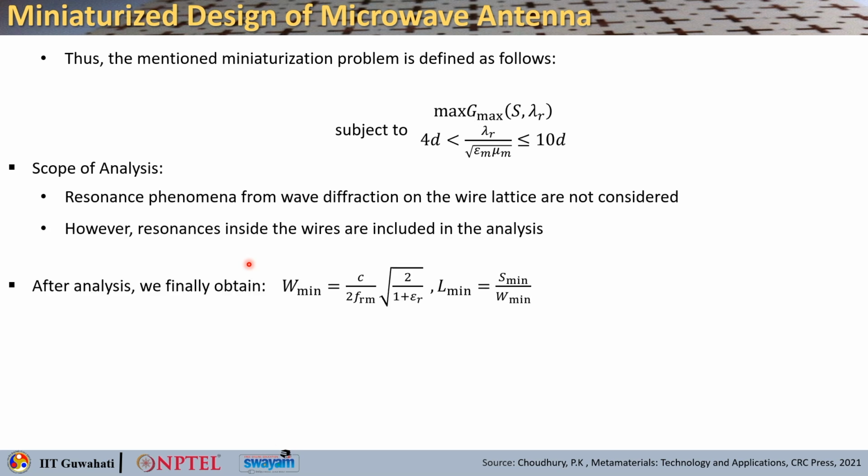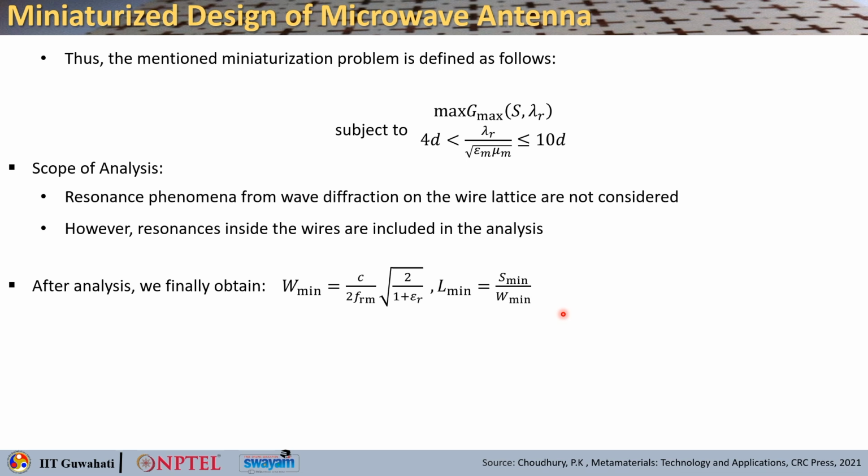So, after analysis we finally obtain the values for W mean and L mean. So, W mean can be written as C divided by 2 F R M, times square root of 2 divided by 1 plus epsilon r, and L mean can be written as S mean divided by W mean.